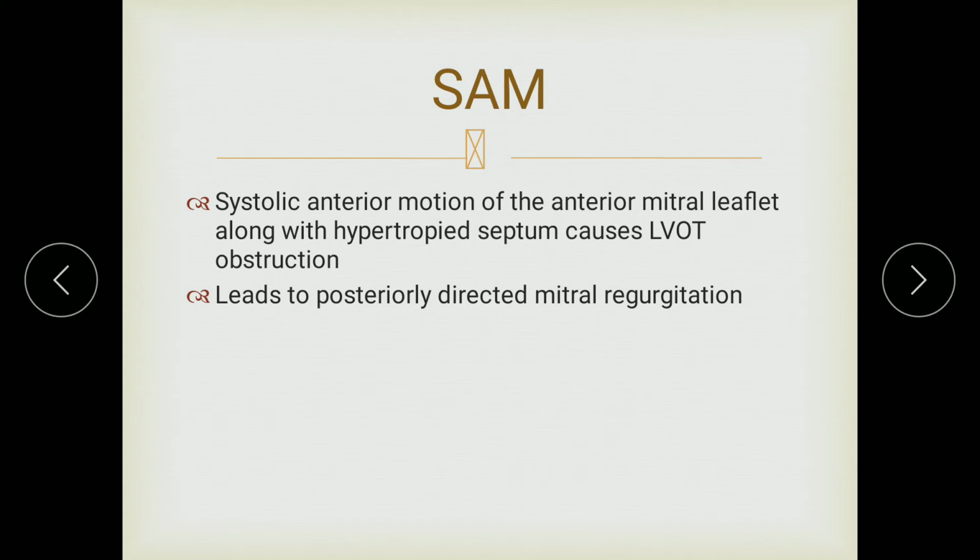This movement, along with the hypertrophied septum at the outflow tract, causes the obstruction. So, in order to overcome the obstruction, the ventricle has to generate more power, which leads to hypertrophy later. And this anterior motion of the anterior mitral leaflet causes a mitral regurgitation that is posteriorly directed.